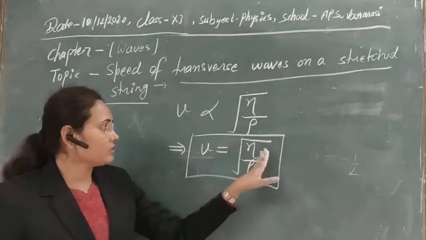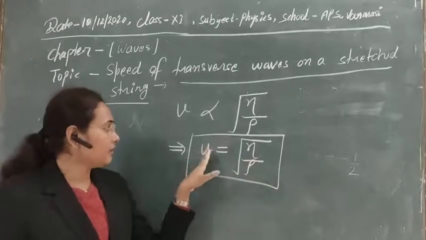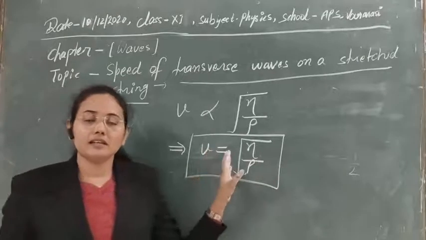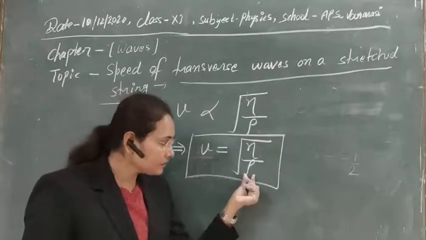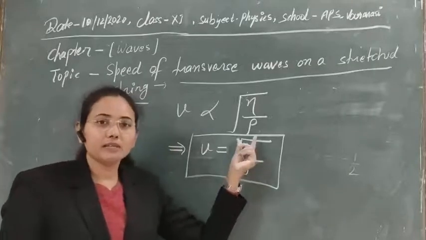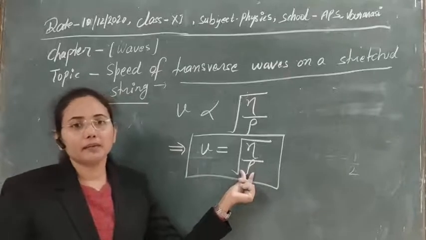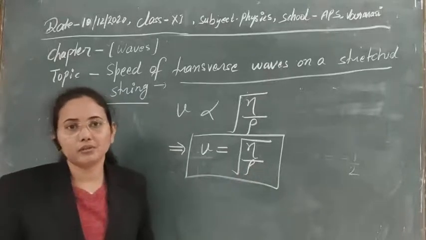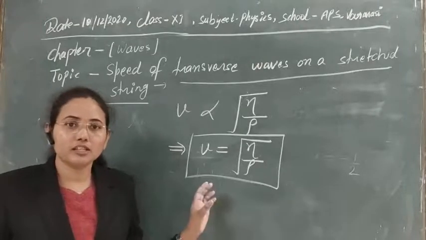And here we can also see that greater will be the modulus of rigidity, greater will be its velocity, because greater force will be applicable here. And in this case, if the density is greater, it means that mass is going to be greater, and due to its inertial property obviously it will retard the motion, so speed will decrease.